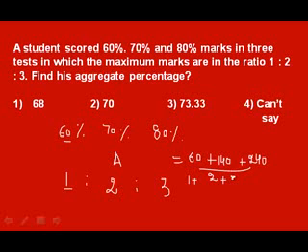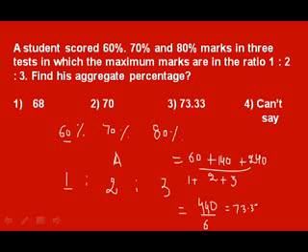So this is what my weighted average looks like. I just have to solve it. 60 plus 140 plus 240 comes out to be 440, and dividing it by 6, because 3 plus 2 plus 1 is 6, I get 73.33. So that is my answer here.